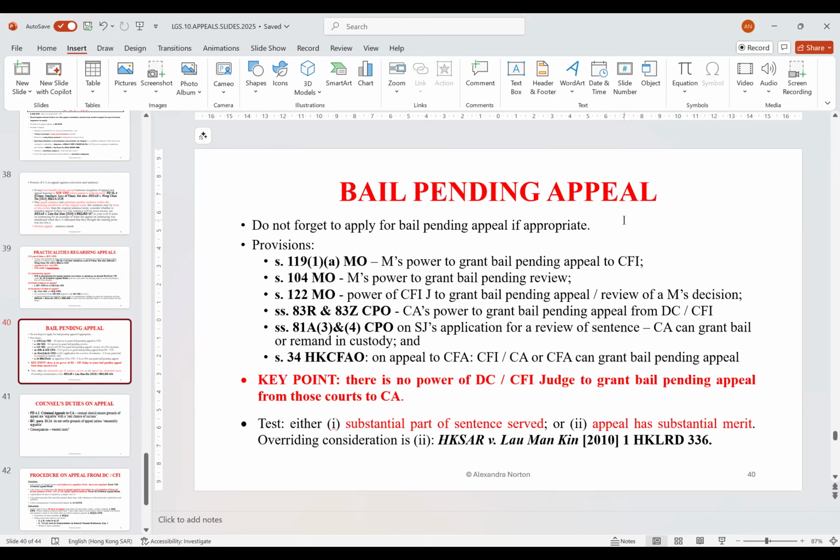However, under Section 83Z of the CPO, the Court of Appeal is the only court which can grant bail pending appeal from the district court or the CFI.